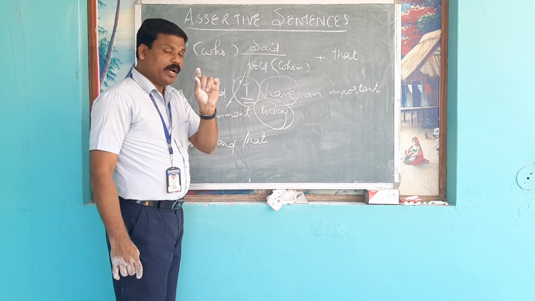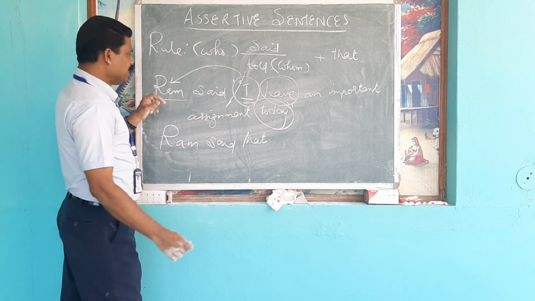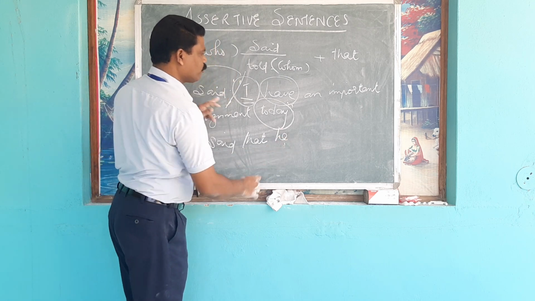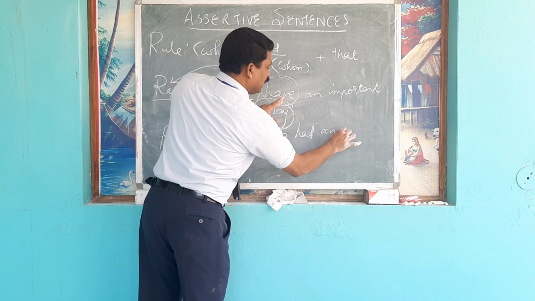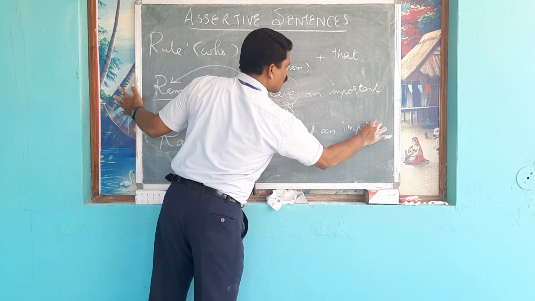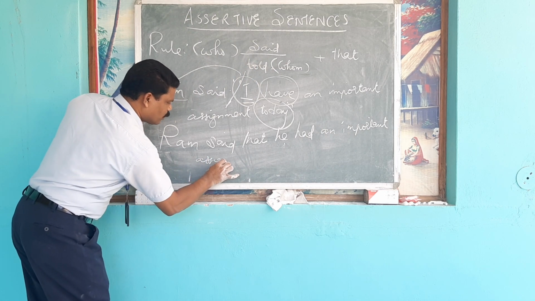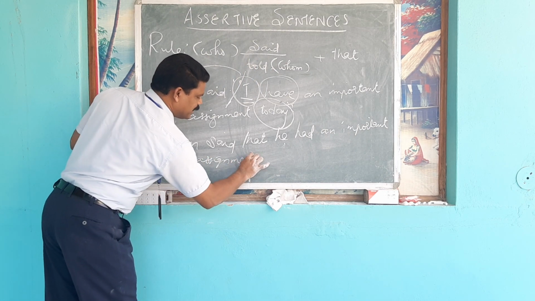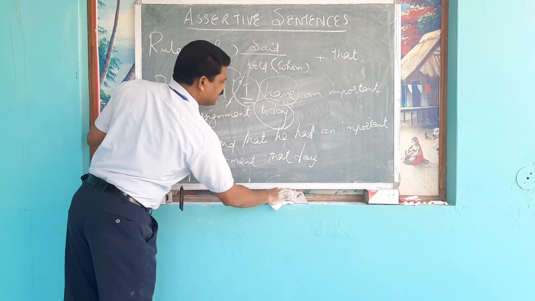I changes into he or she. Here the speaker is Ram, so it will be changed into he. Have will be changed into had. And important assignment today will change into that day.